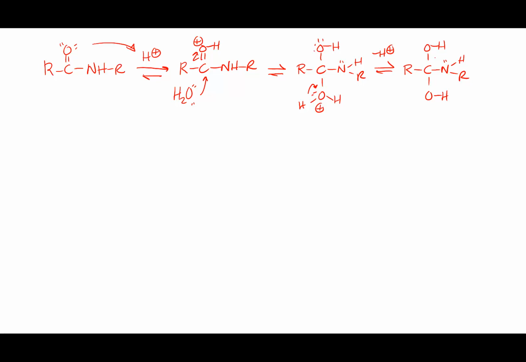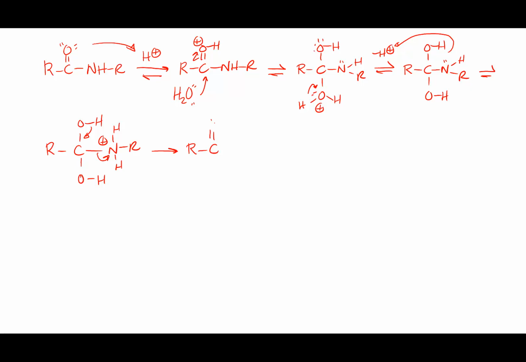Protonating the NH group is going to take me forwards, forming that species, that ammonium. And then, just to make this mechanism shorter, we would take this pair of electrons and move it here. The nitrogen would be the leaving group.